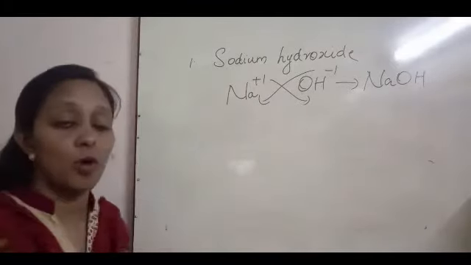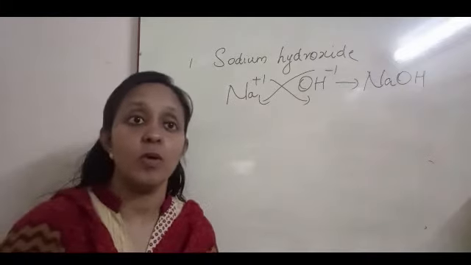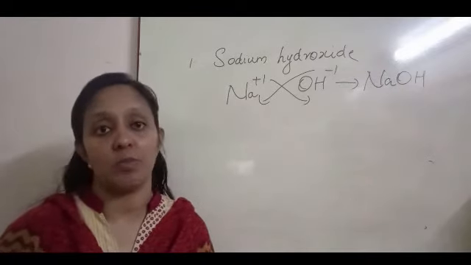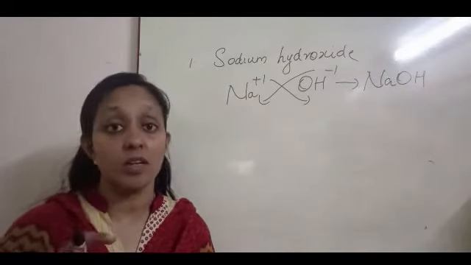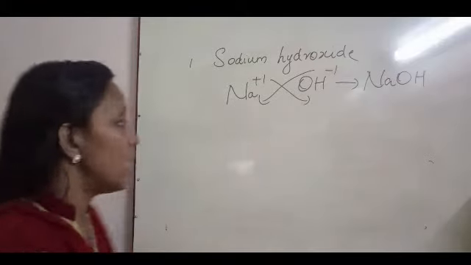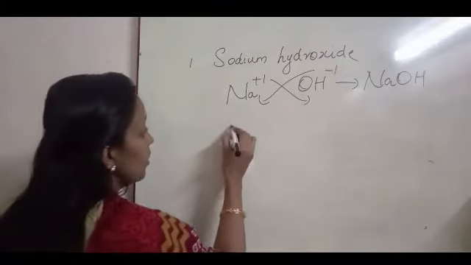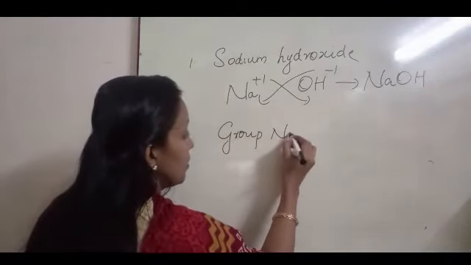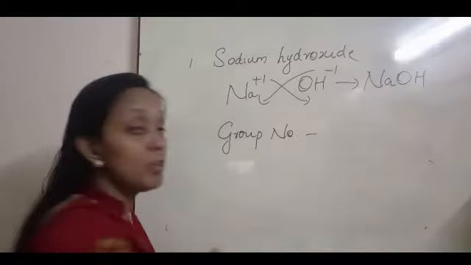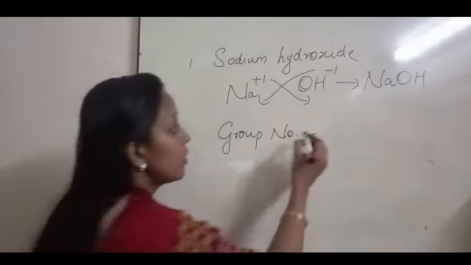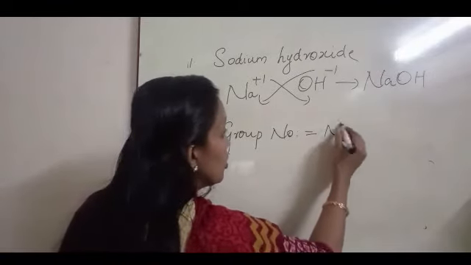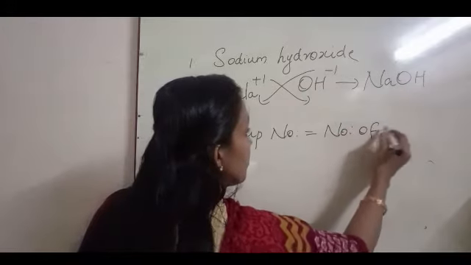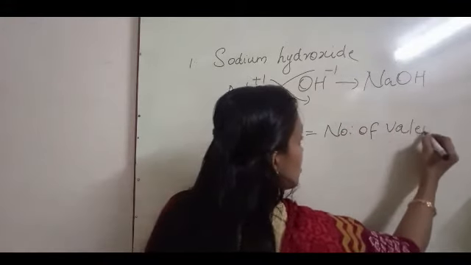So children, we have already seen that in your textbook you have a part of the periodic table given, and I have given you certain relations. Like I have told you, the group number of a particular element is equal to the number of valence electrons.